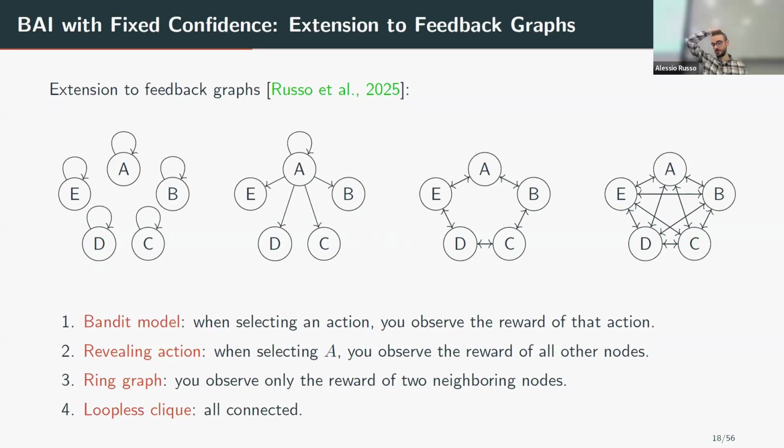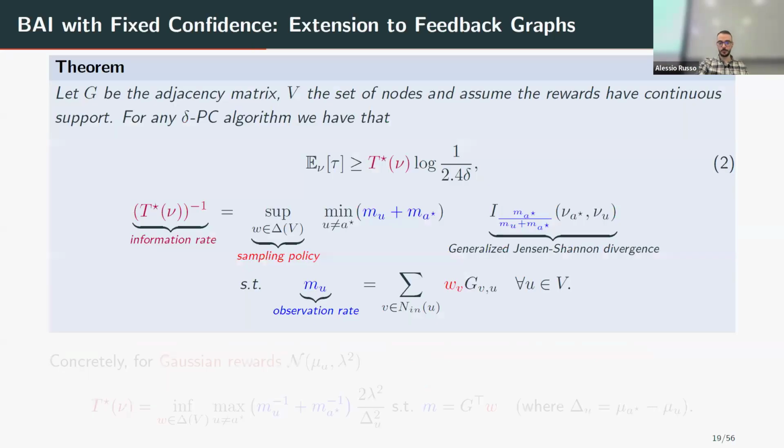And then you can have different graph structures. You can have this ring, or you can have the loopless clique, where everything is connected, but whenever you select an arm, you cannot observe the reward of that arm. So for this problem, we can show a similar lower bound as in this unstructured case.